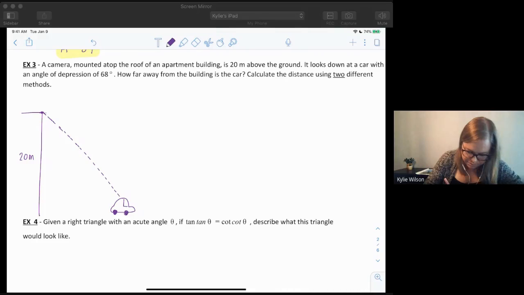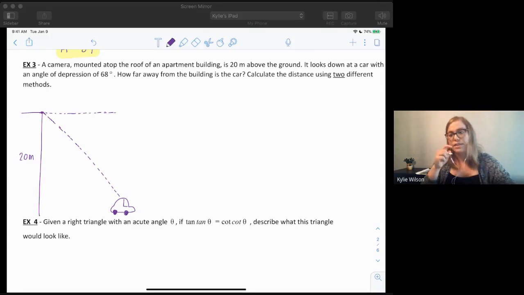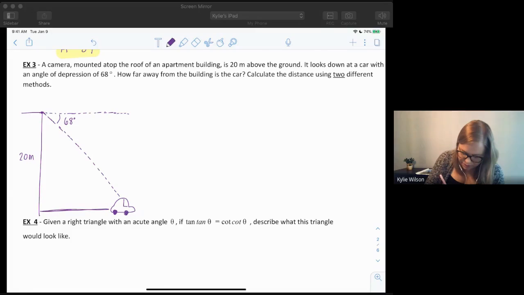So we always remember that our angle of depression is measured from the horizontal. So this here will be 68 degrees. So what we're looking for is this length here. How far away is my building from my car? Now we also have that same length in another spot.